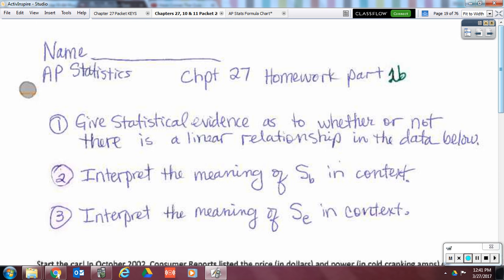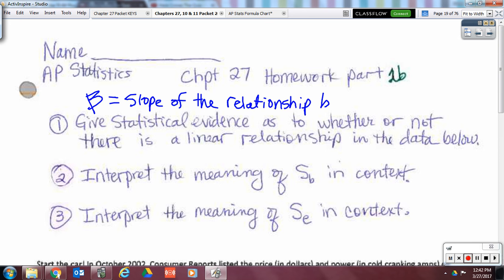So statistical evidence of a linear relationship means you have to have a what? A p-value. So let's first define what the slope is. What is the slope of this problem? Beta is the slope of the relationship between what?